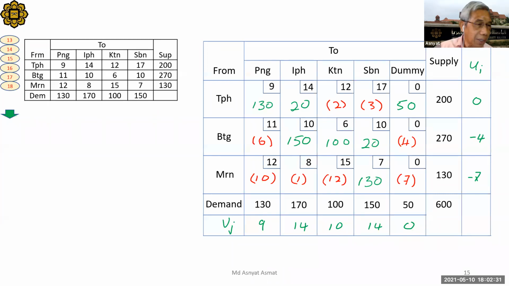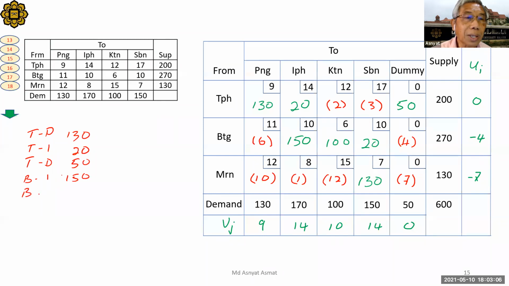So the solution, if you are asked to state the solution, it means Tapah to Penang 130, Tapah to Ipoh 20, Tapah to Dami 50, Bentong to Ipoh 150, Bentong to Kuantan 100, Bentong to Seremban 20, Maran to Seremban 130.